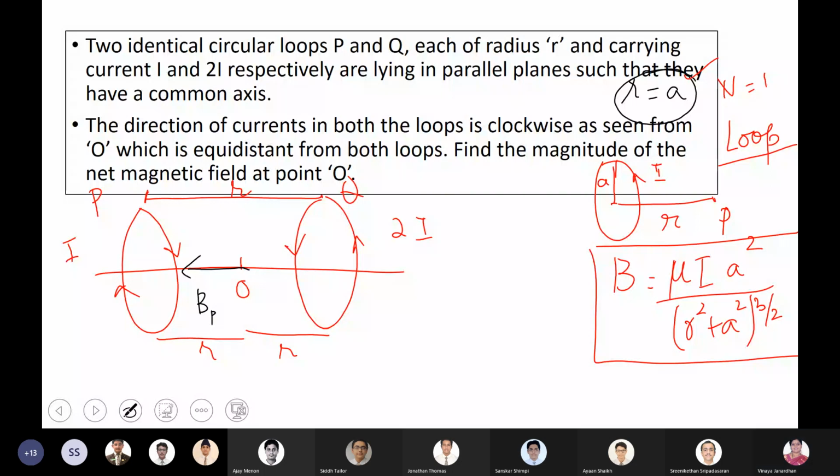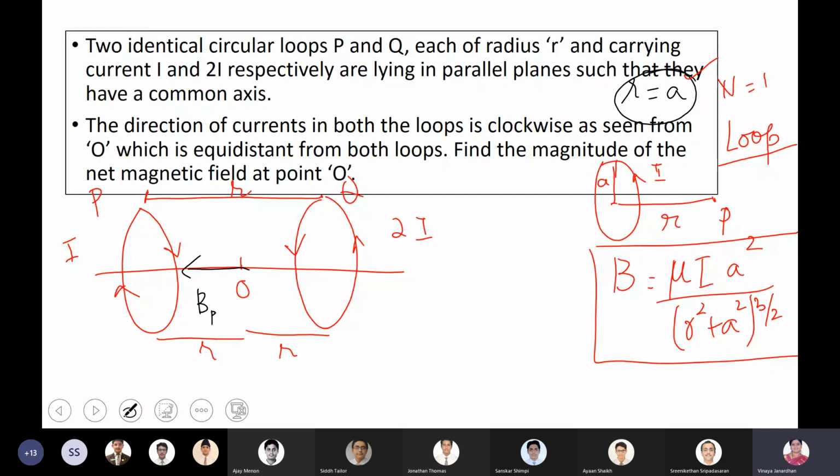Standing at the point O and watching the coil P, the magnetic field created by the loop at point O will be BP.